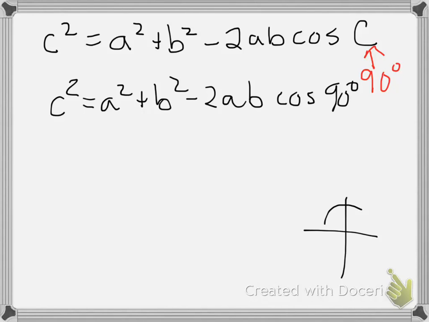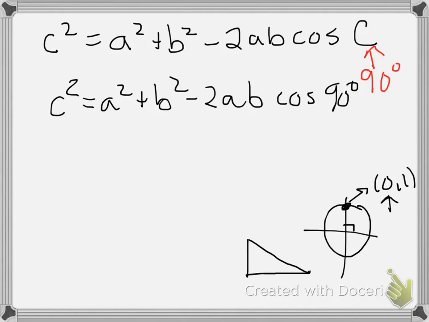On the unit circle, a 90-degree angle is right here, which means we want this value right there for that coordinate, which on a unit circle is 0, 1, and the cosine is the x value, which is 0 in this case.